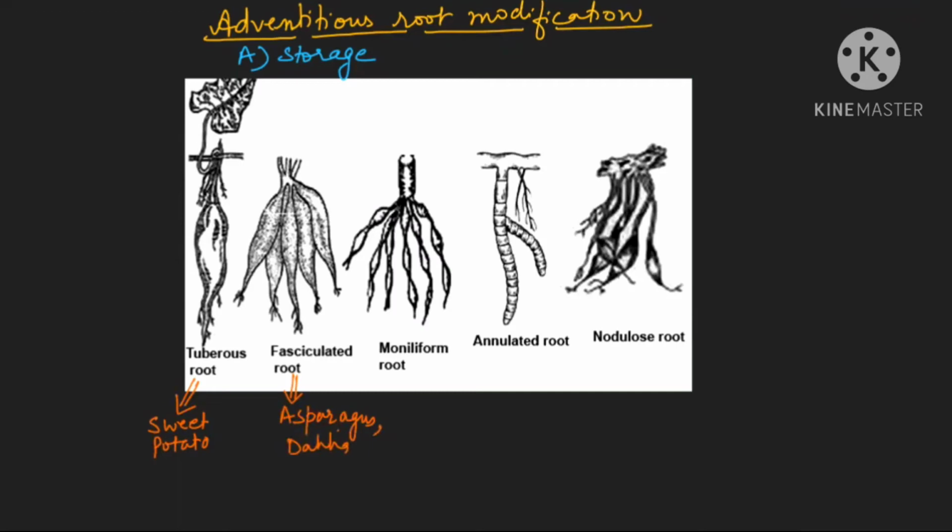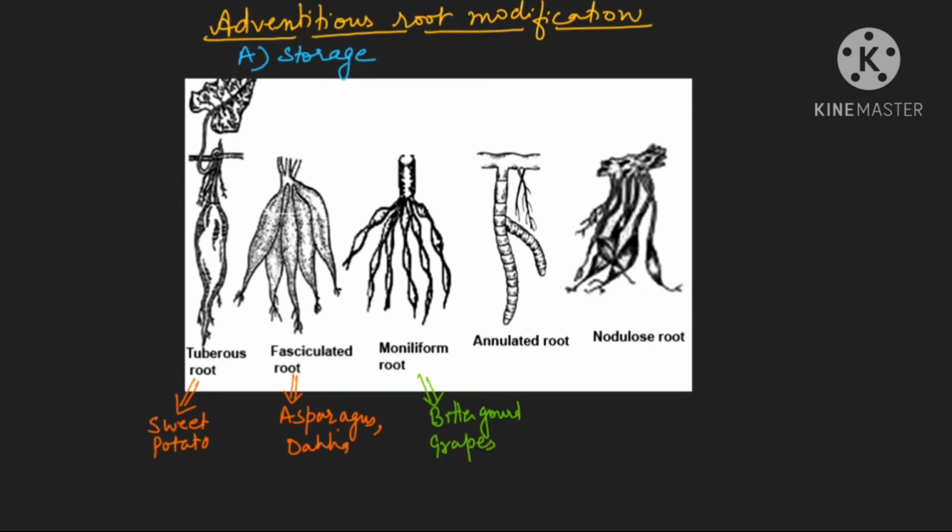Okay. Then next, moniliform. If you see the diagram carefully, you are finding it has a beaded appearance. Okay, they are beading at regular intervals. And for this, your example is bitter gourd. Another example is your grapes. So these are the two examples.